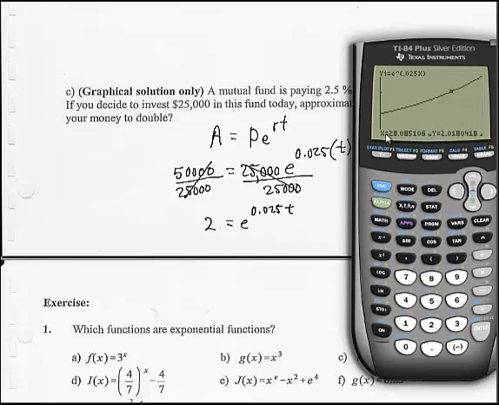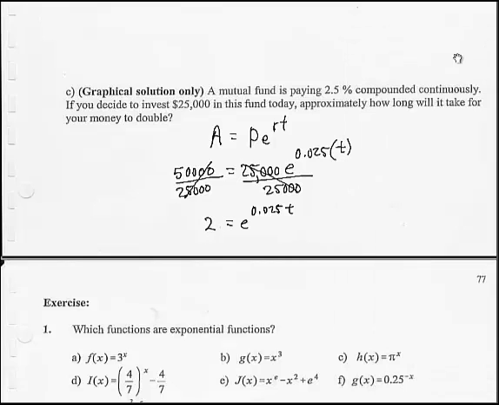The calculator tells me that I need to wait 28 years in order to double my money, and the 2 is for doubling our money. So we can write T is approximately 28 years.